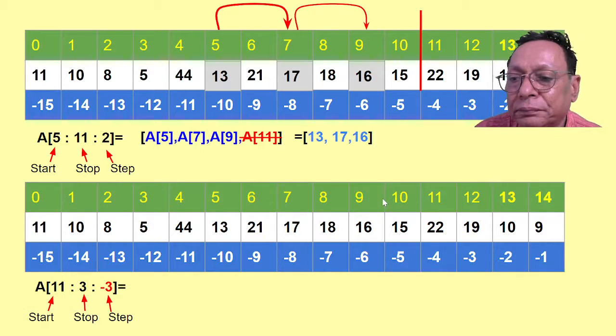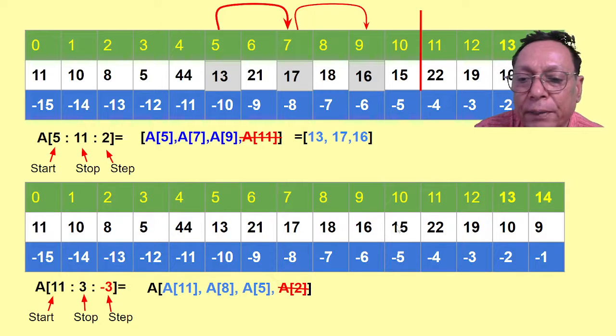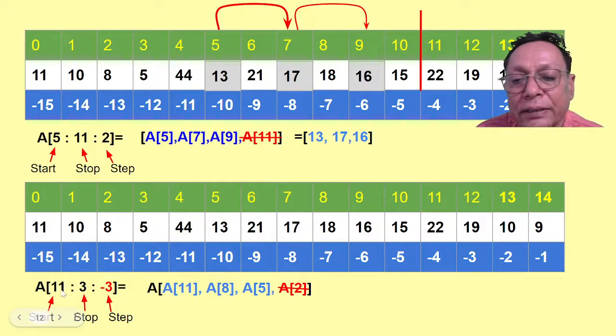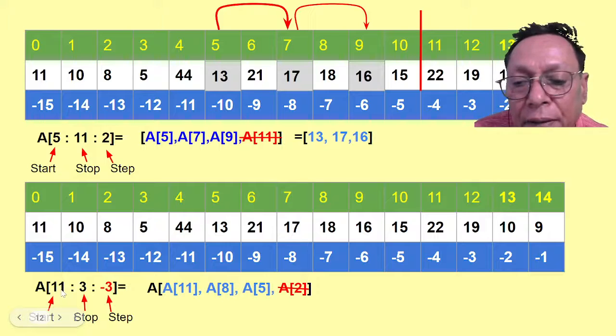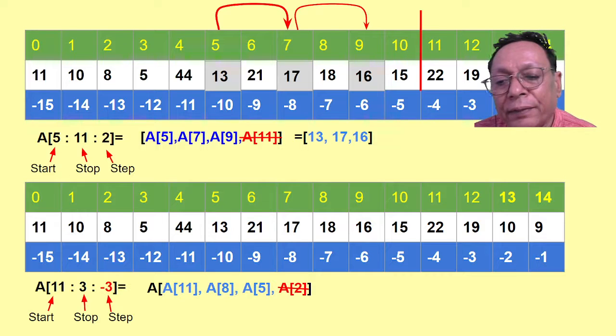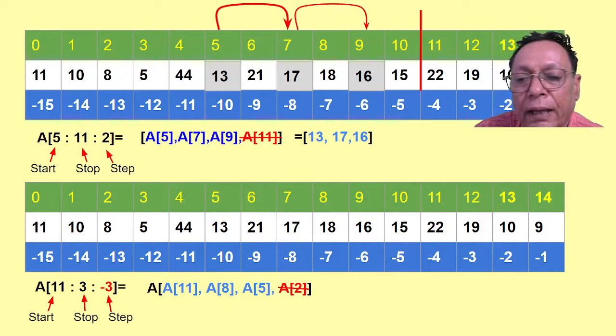So -3 means, from 11, jump and skip a step of 3. After 11, subtract 3 from the value. So 11 minus 3 is 8, and subtract 3 from 8, you will get 5. That is why you will get the indexes a[11], a[8], and a[5], and a[2] will be excluded.